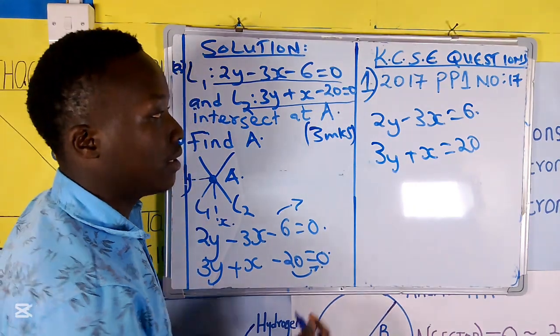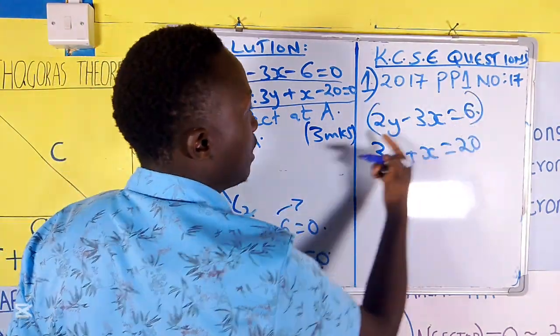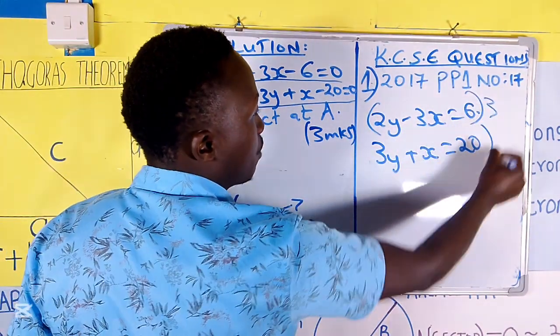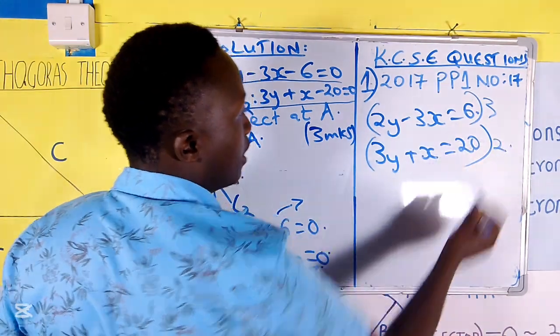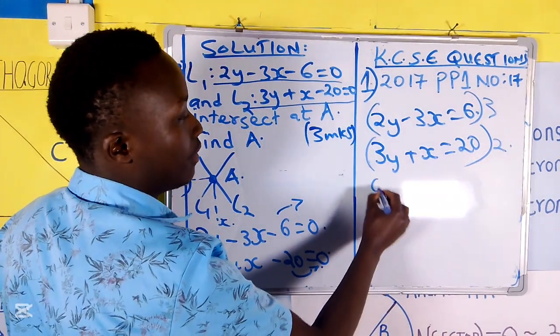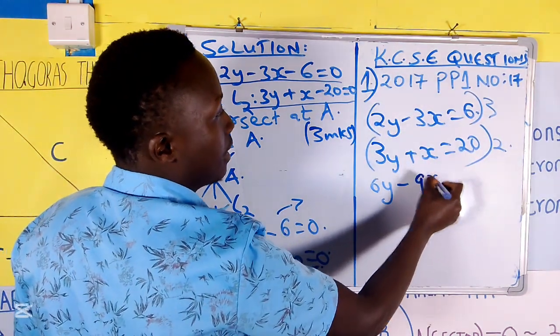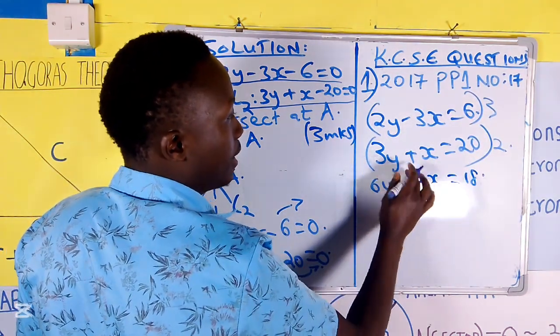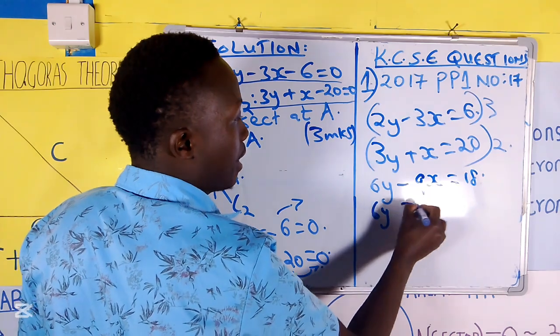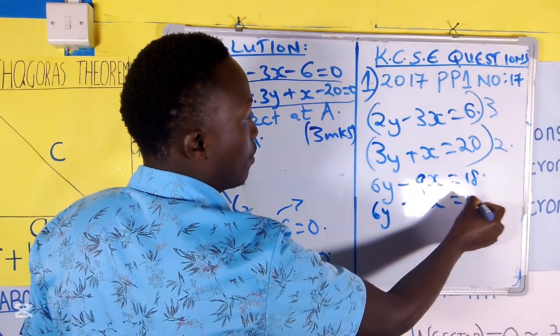So having that, we will now multiply by 3 here and by 2, as we solve simultaneous equations using elimination, and that will give us 6y minus 9x is equal to 18, and 6y plus 2x is equal to 40.